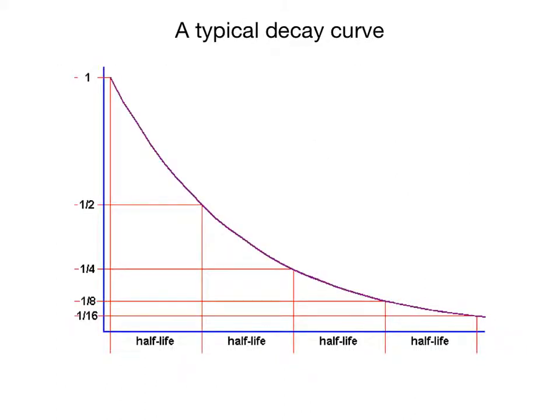Here's a typical decay curve. If you look at the y-axis here, it starts at 1, so 100% of the atoms are of the parent nucleus. After a given amount of time that we'll call a half-life, half of the parent nuclei have decayed, which leaves half of them undecayed.